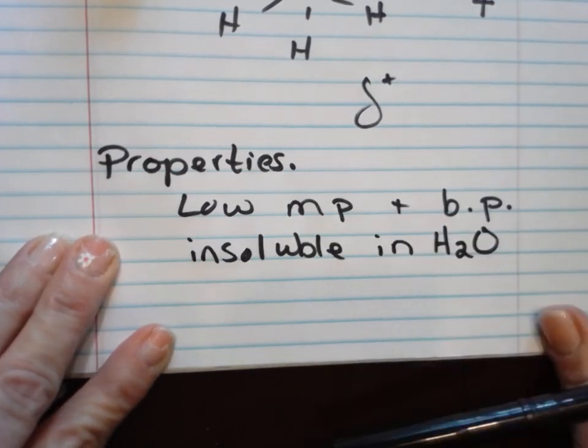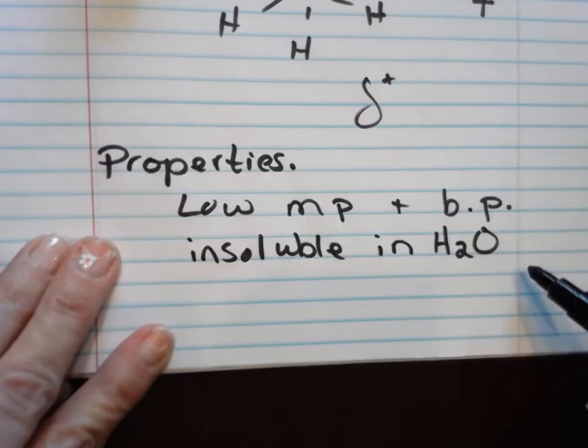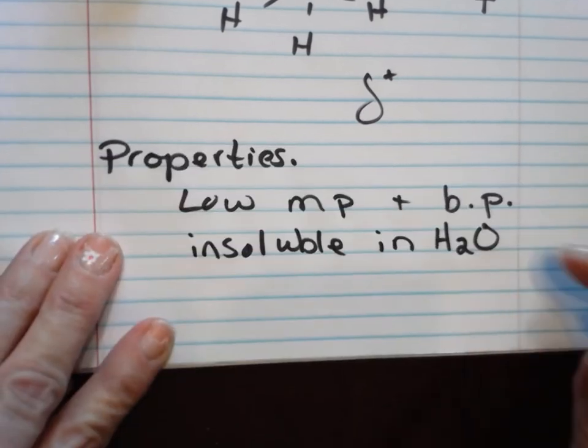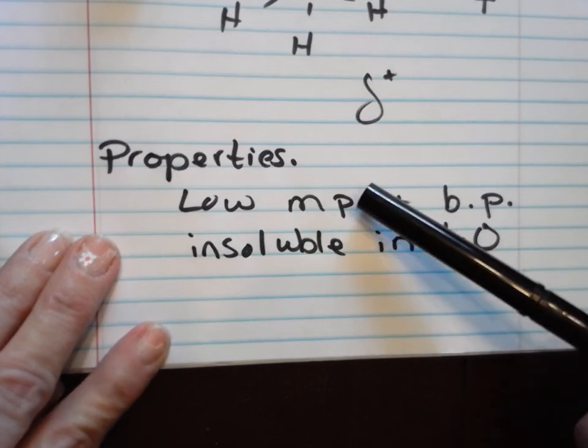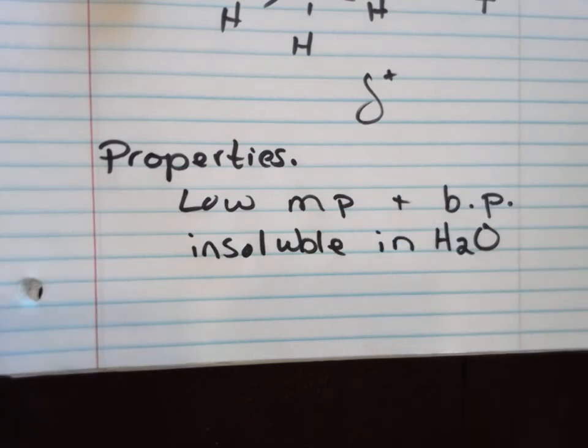So you're not going to be able to dissolve your gasoline in your water. Your gasoline evaporates very easily, has a low boiling point. It is very hard to freeze because it has a low melting point. You're going to find this with other alkanes.